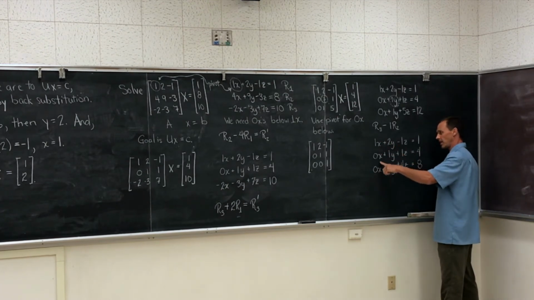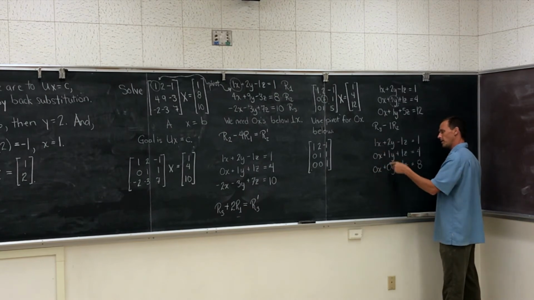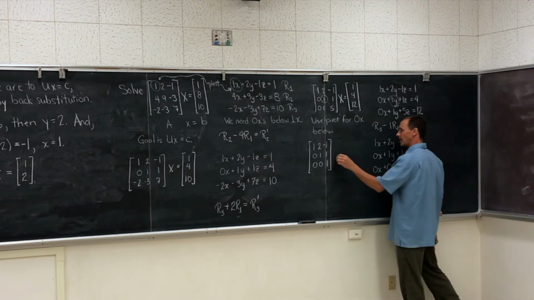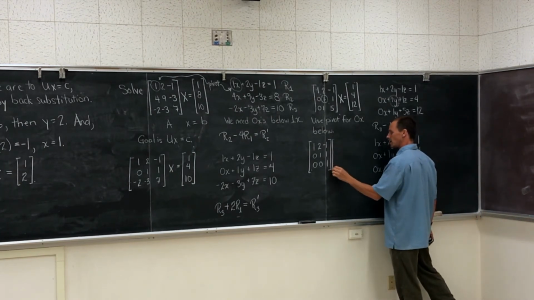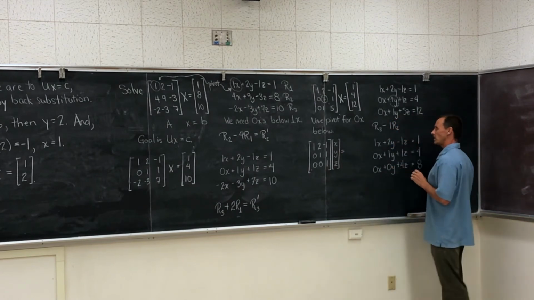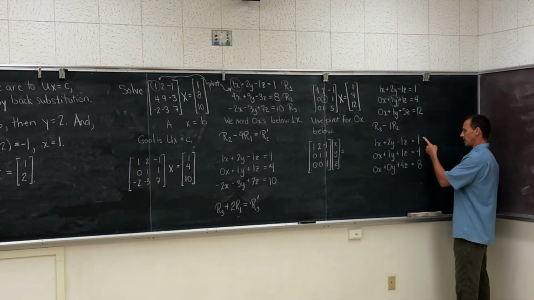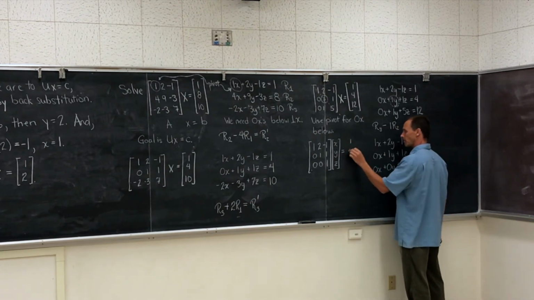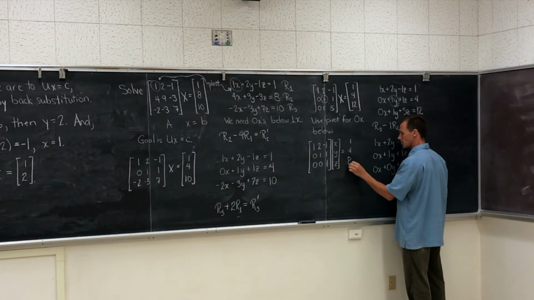Remember, this is the scalar x times the first column, the scalar y times the second column, and z times the third column. So the vector x has remained unchanged. It's still just x, y, z. Only the numbers have changed, not the scalars. But what else has changed is the vector on the right-hand side. It's now 1, 4, 8.